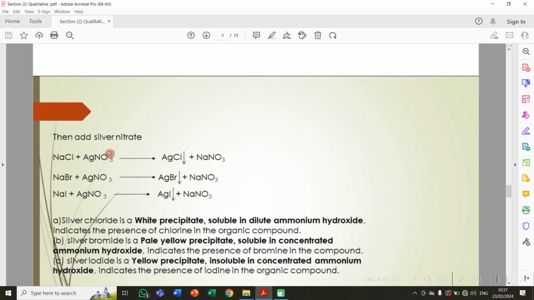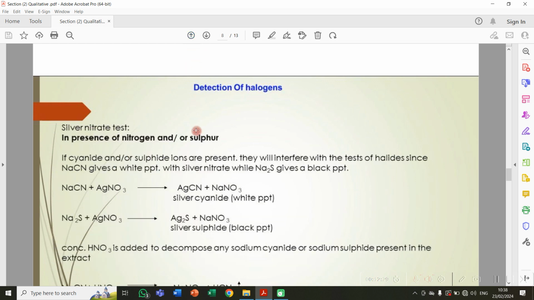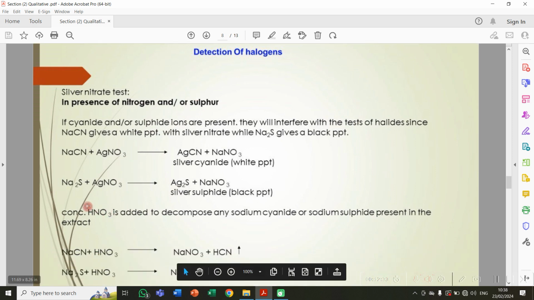In case of absence of nitrogen or sulfur, we will put the silver nitrate directly, and we will write these equations directly. But in case of presence of nitrogen or sulfur, or both of them, we should first put conc nitric acid. Conc nitric acid will be put first to get rid of those sodium cyanide or sodium sulfide in form of gas.